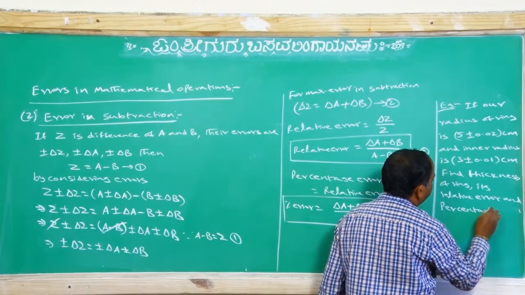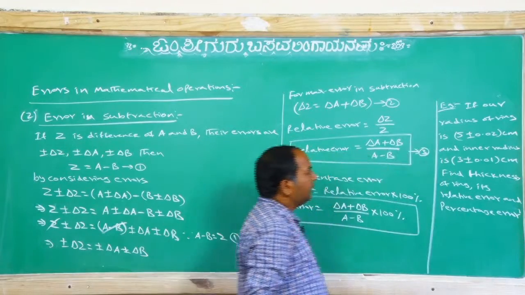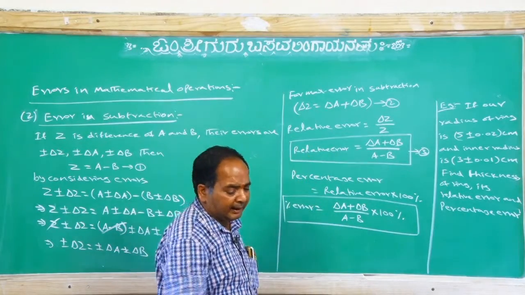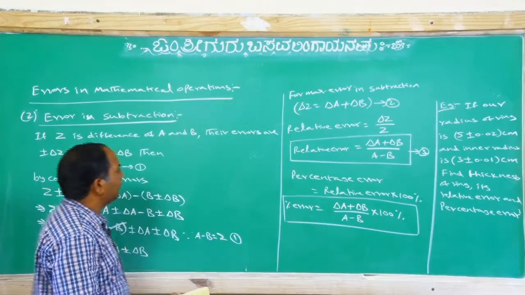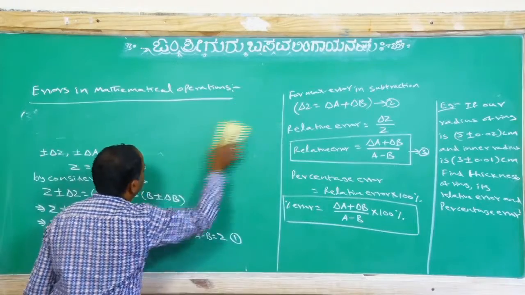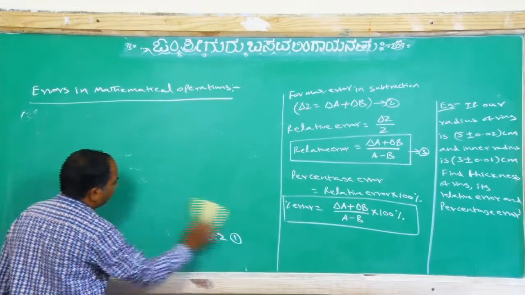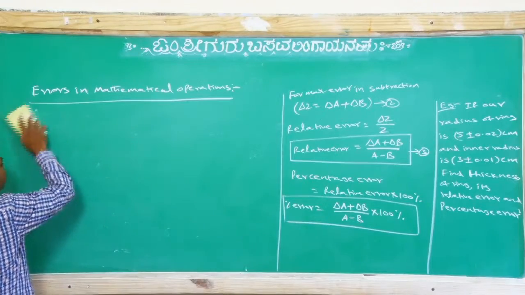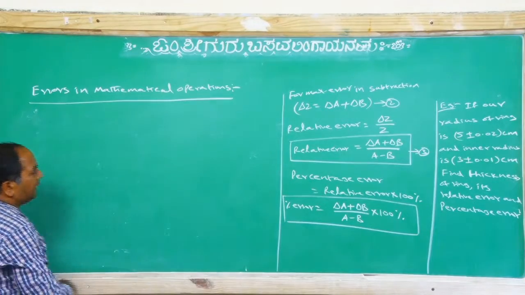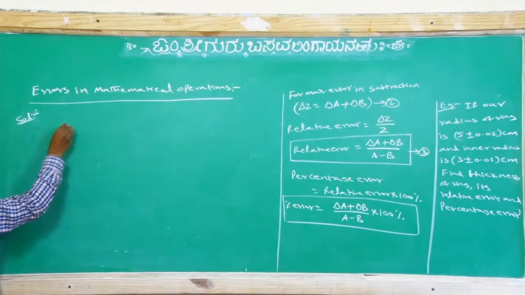Here, what I am giving: one ring is there. For this ring, the outer radius is given and the inner radius is given. We want to find the thickness of the ring. If you observe the given problem carefully, here is the solution. One ring is there.